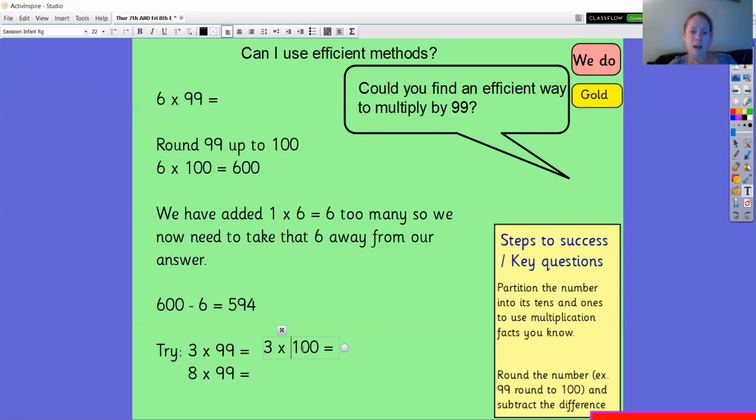And then when you've done that, you've got to take one group of 3 off, haven't you? So whatever your answer is, you'll have to take 3 away from it. And then down here, you'll do 8 times 100 and take one group of 8 away. So just pause the video now and have a go at that, and we'll come back together in a moment.